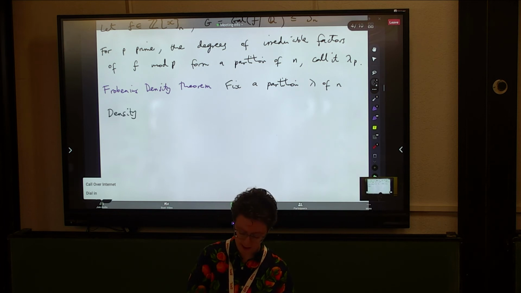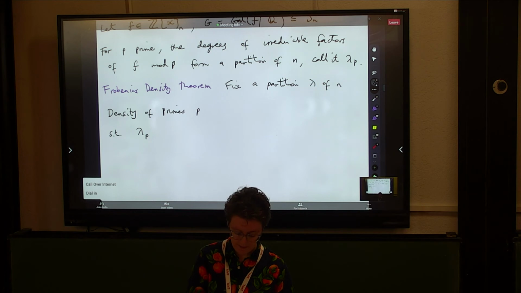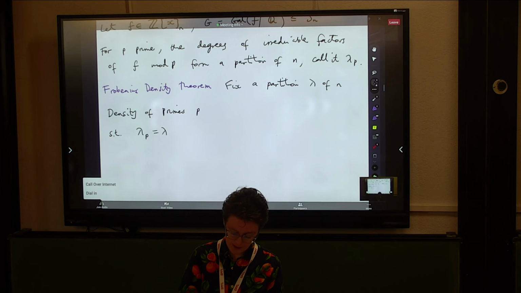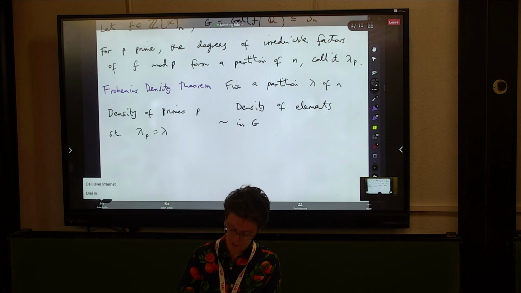So the density of primes p such that lambda_p, so remember this is our degrees of irreducible factors, is equal to the specific lambda that we fixed. This is roughly the same as the density of elements in G, that's our Galois group, with cycle type lambda.